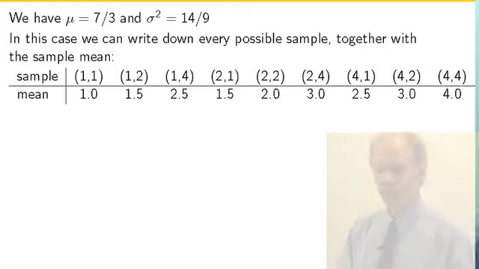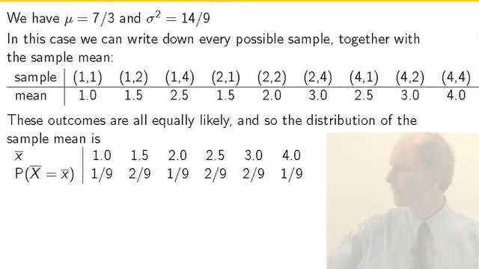And then for every possible sample, we could also note the sample mean. So the average of 1 and 1 is just 1. The average of 1 and 2 is 1.5, and so on. So we have a list of samples and a list of sample means. And so corresponding to those sample means, we could write down the probability, the distribution of the sample mean. So the possible values the sample mean can take: 1, 1.5, 2, 2.5, 3, and 4.